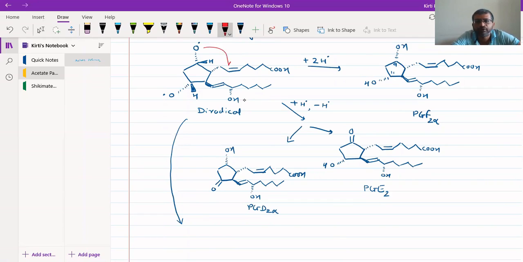So that we will have 1, 2, 3, 4 and 5 membered ring. So we will have a total 5 membered ring यहाँ पर भी बनेगी.